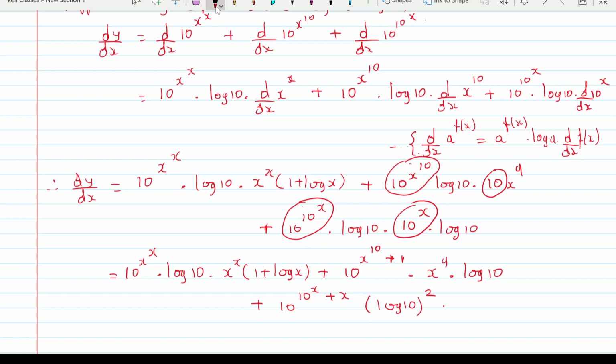It would have been e raised to x into log e is 1, so d by dx of x raised to x. So it's x raised to x into 1 plus log. See the answer. What is the answer? E raised to x into x raised to x into 1 plus log. Okay? So we can do it directly, I mean we are teaching. Okay, doesn't matter.